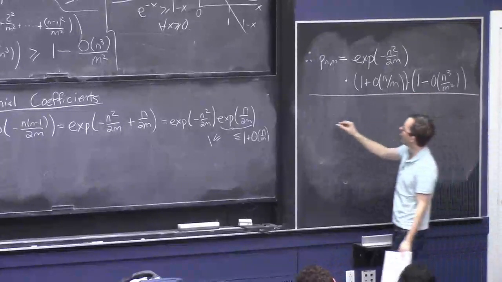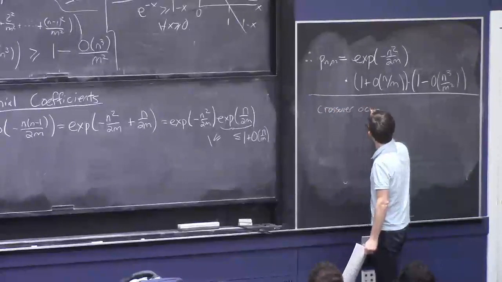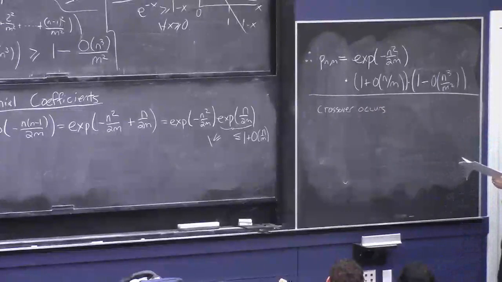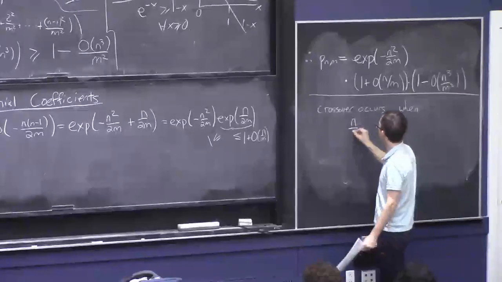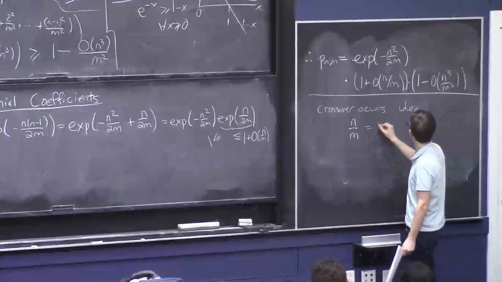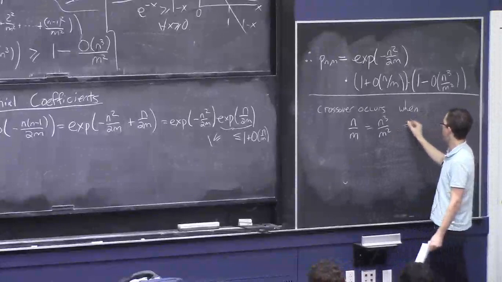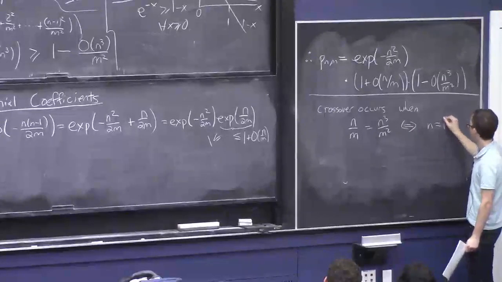In terms of the error crossover, it occurs when they're equal. So when we have n over m, up to constants, n over m equals n cubed over m squared. So let's solve that. n squared equals m, so n equals root m.